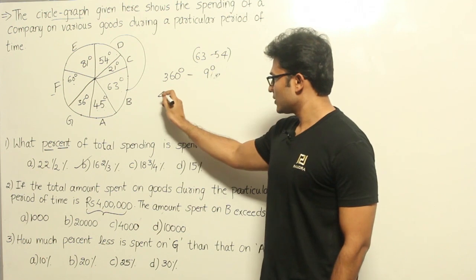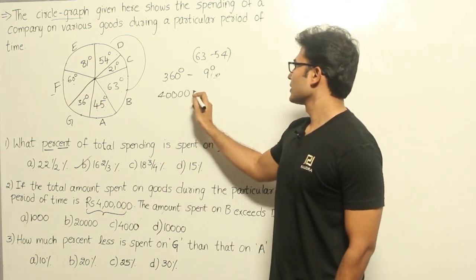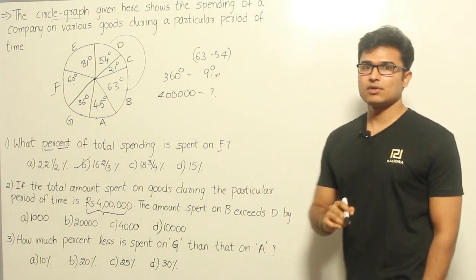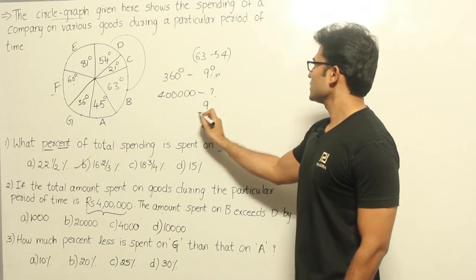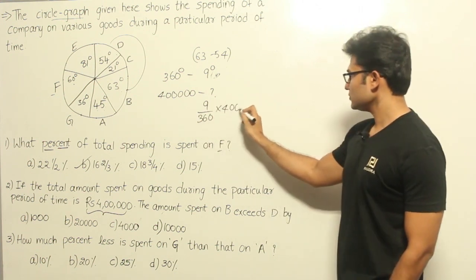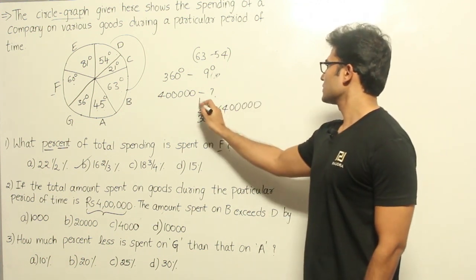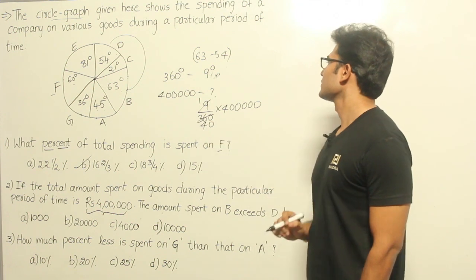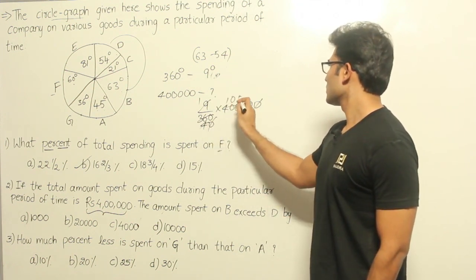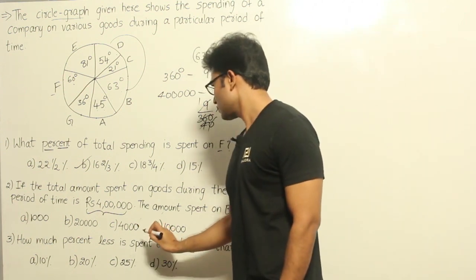Now if you consider that the total amount is 4 lakh rupees, then what is the extra amount? So you can write it as 9 by 360 into 4 lakh, right? So this is 1 by 40. Now it is going to be 10,000. Okay, so the answer is 10,000.